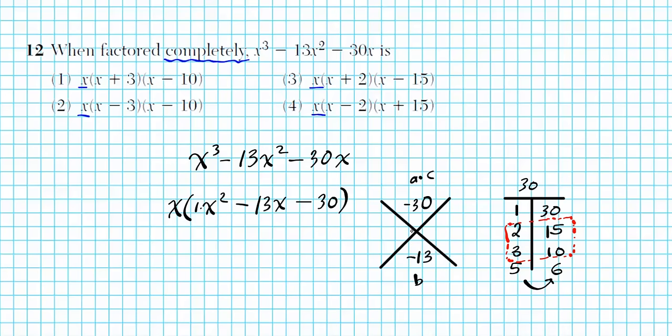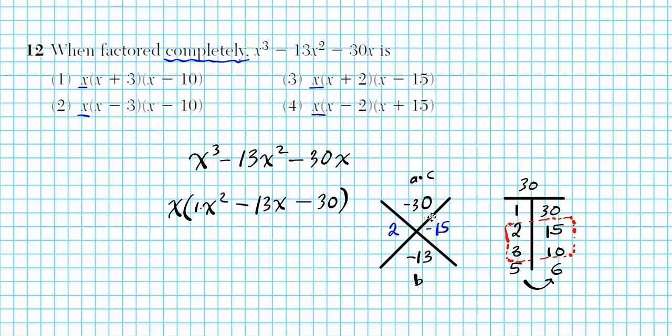Now, let me try 2 and 15. Let's see if it works, okay? So the product has to be negative. So if the product is negative, then one of them must be negative. Okay, so if 15 is negative, 2 minus 15 is negative 13, and 2 times negative 15 is negative 30.